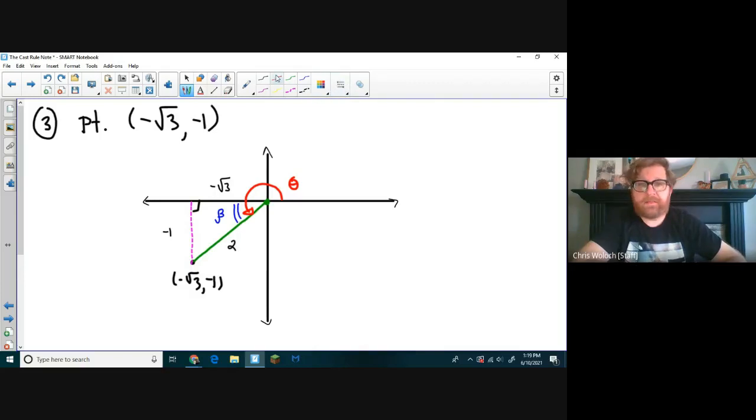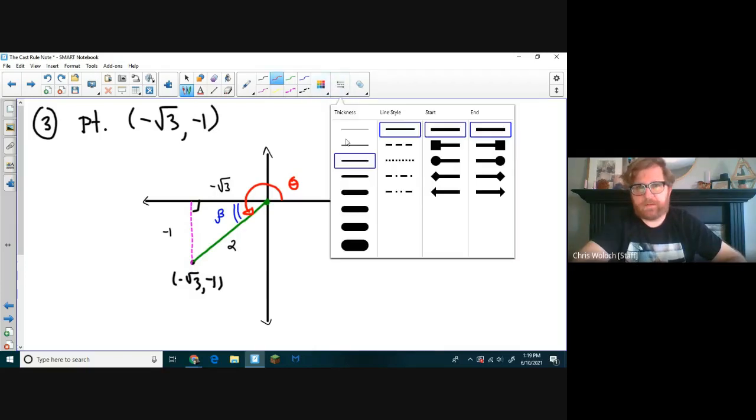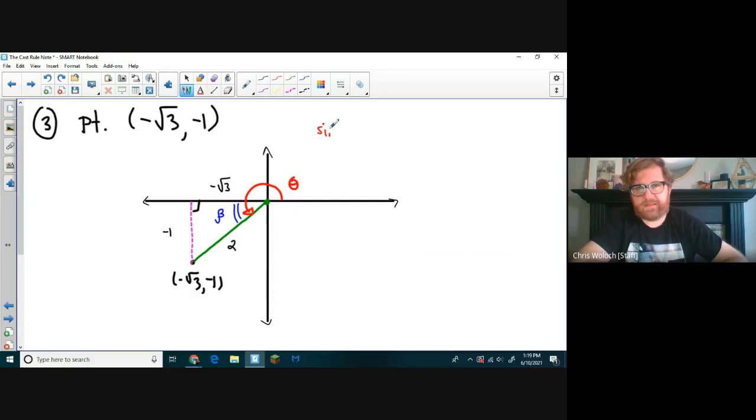So now when we do the same thing, I can write out my ratios. Sine theta, using my angle of reference being the related acute, is opposite over hypotenuse, or y over r. So notice now sine is negative. Cos theta is adjacent over hypotenuse. So here, cos is negative, right?